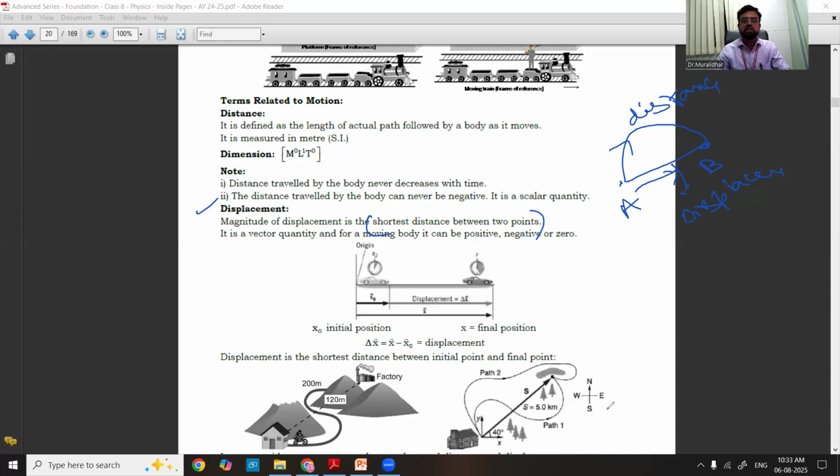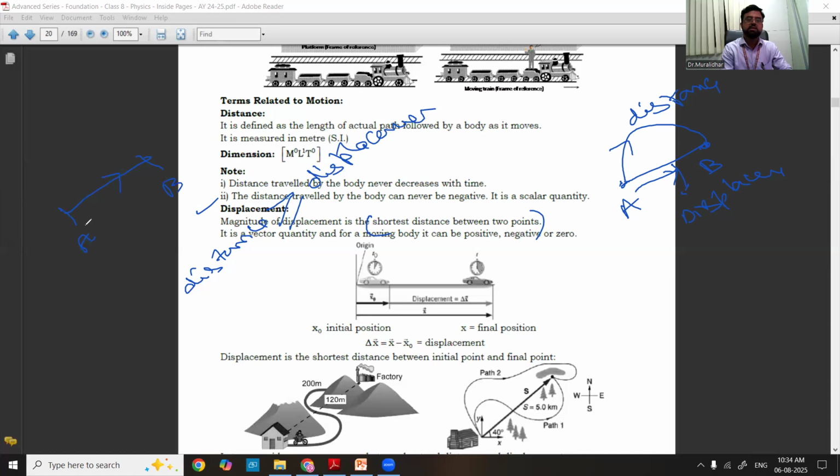So distance cannot be negative. Displacement can be negative. Right. See, one more important thing is distance is always greater than or equal to displacement. Very important point. How can you say? See, for example, a body is moving in a straight line.